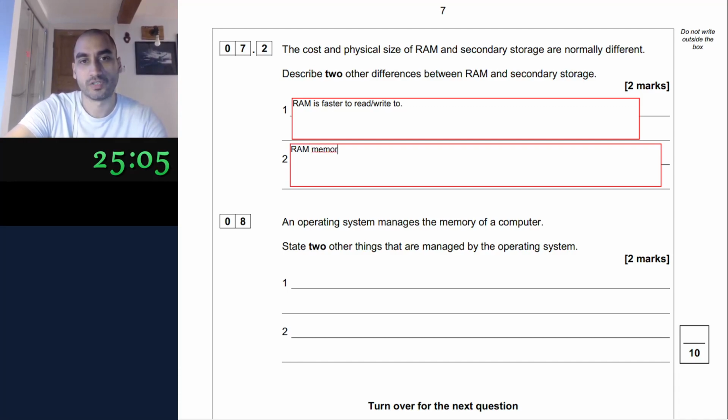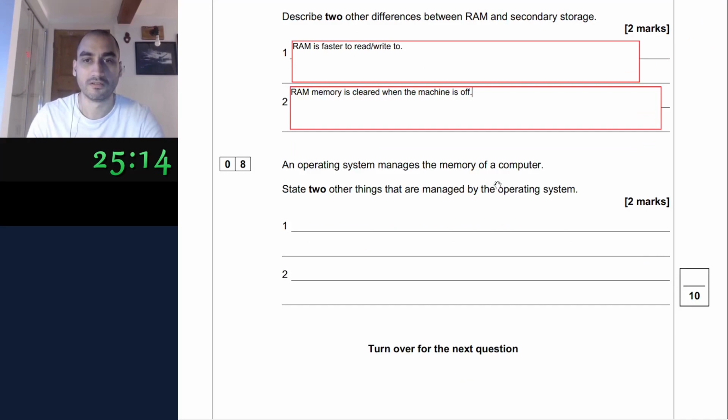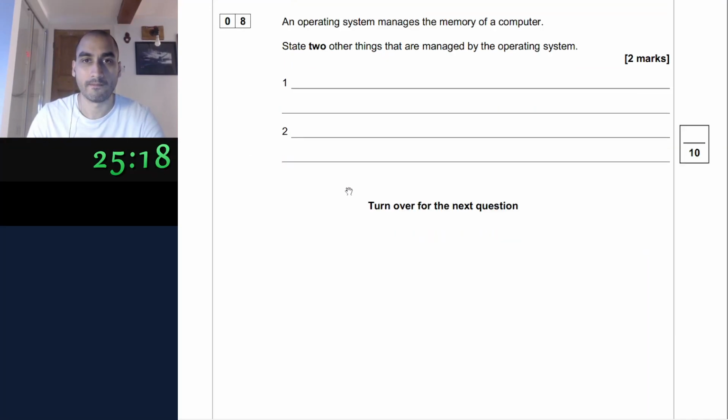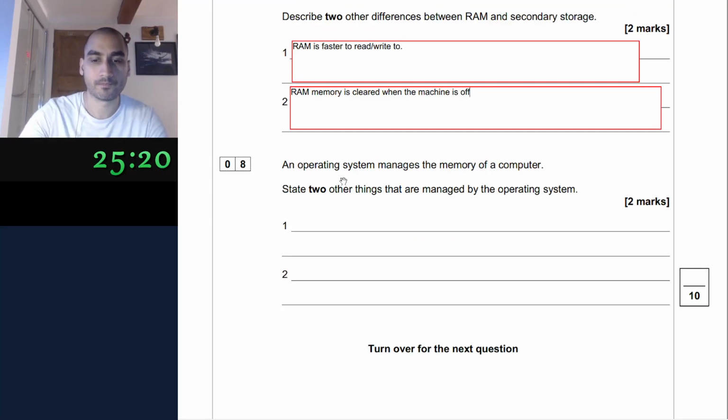RAM memory is cleared when the machine is off, I think. i.e. only for temporary use.